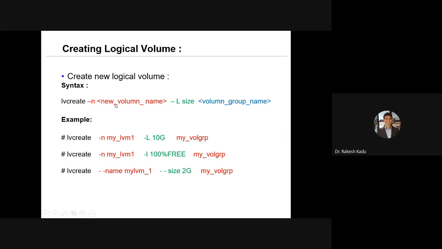Then minus capital L and the size. Of what size you want to create the partition, that size you can specify, whether a logical volume of 2 GB, 3 GB, or 10 GB. So you specify minus L space and 10G, 2G, or 5G.